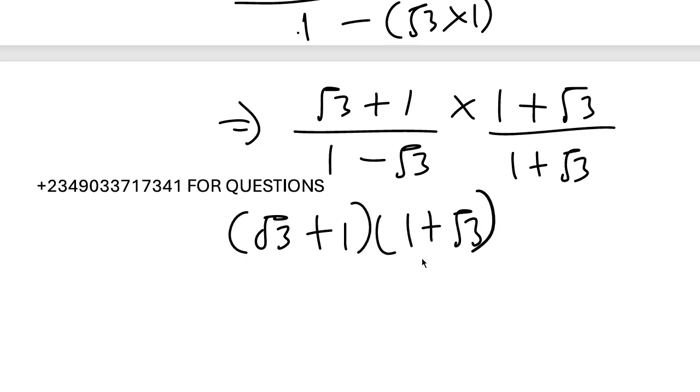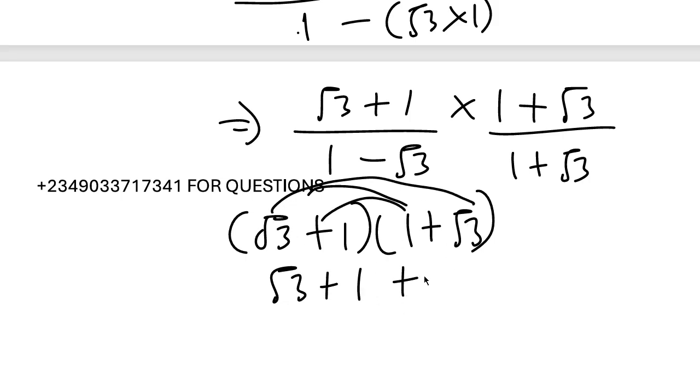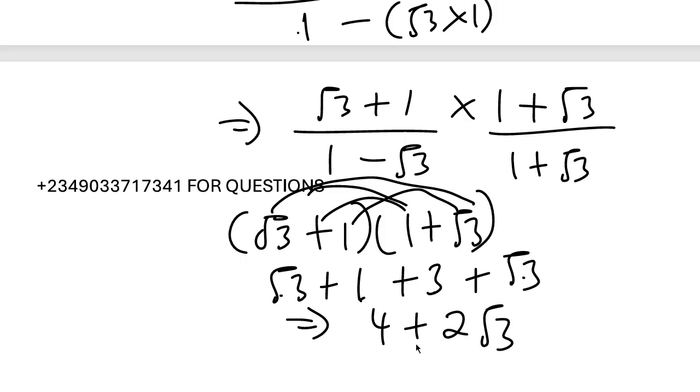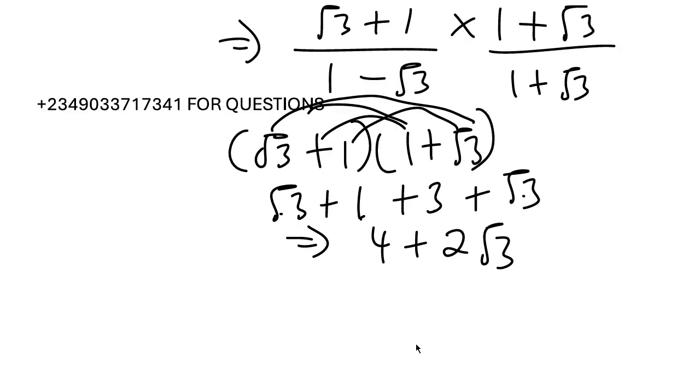So if we start multiplying the numerator, that will be root 3 plus 1 into 1 plus root 3. And this, you have 1 times root 3 is root 3, plus 1 times 1 is 1, plus root 3 times root 3 is going to give us 3, and then 1 times root 3 is root 3. So at the end of the day, that is 1 plus 3 is 4, root 3 plus root 3 is 2 root 3. And then remember that there is a denominator. And what does the denominator bear? 1 negative root 3 into 1 plus root 3.